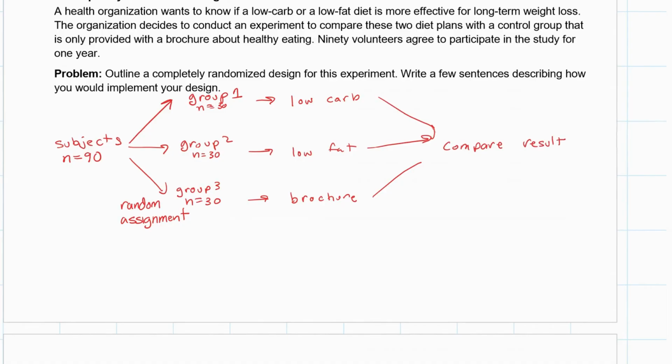Now, how are we going to do that assignment? Well, I think the easiest way to do assignment is I'm going to put the 90 names on identical slips of paper.